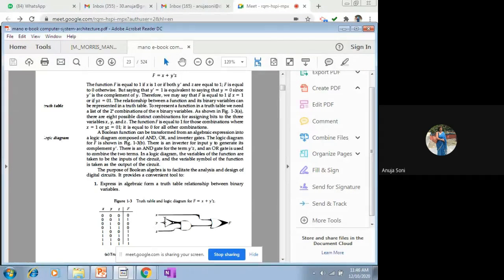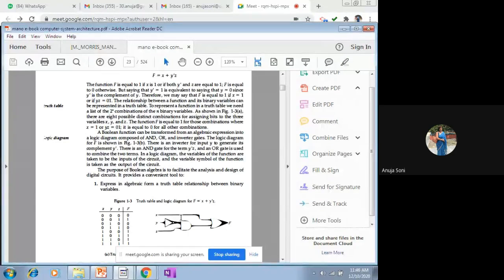Internally, in the integrated chip in the CPU, these correspond to the number of pins. x will work as one pin, y as another pin, and the z line as another pin. And these will work as different buses to carry the data from one point to another.